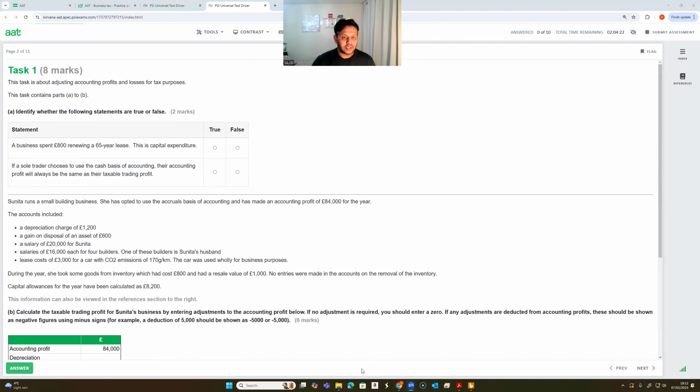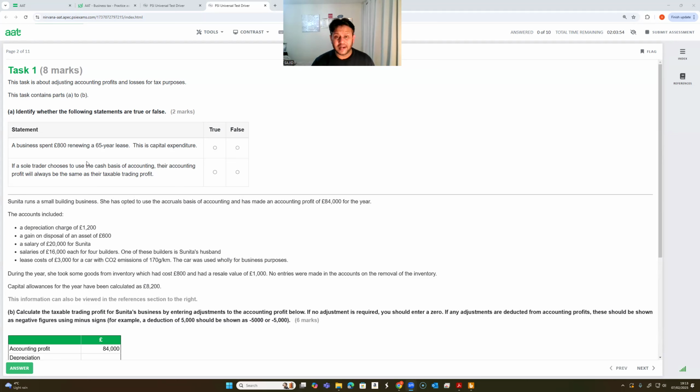It says a business spent 800 renewing a 65 year lease. This is a capital expenditure, true or false? Now remember that if we have a lease for the long term, and even if we spend £100 for the surveyor fee or for renewing the lease or anything relevant to it, that will be part of the capital expenditure.